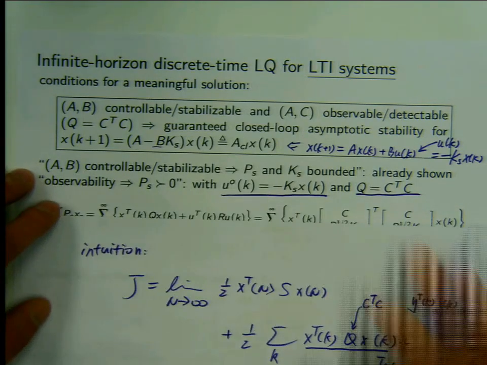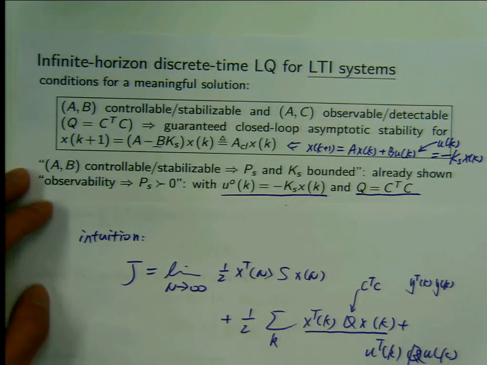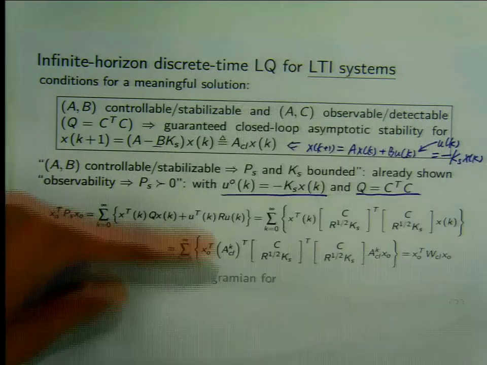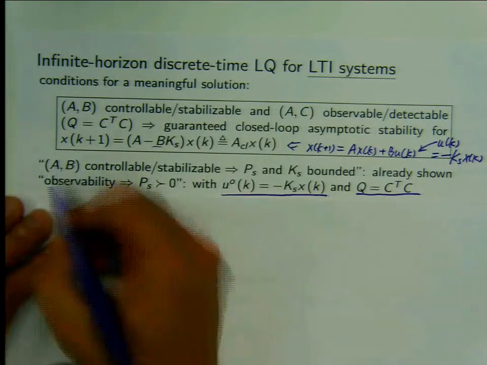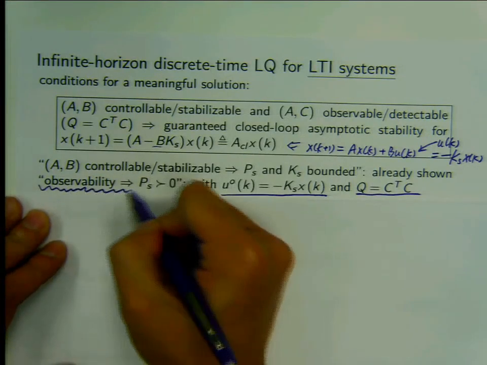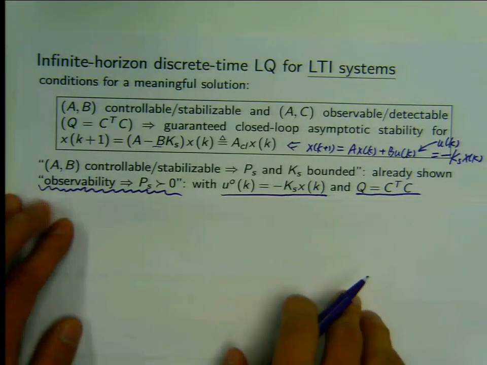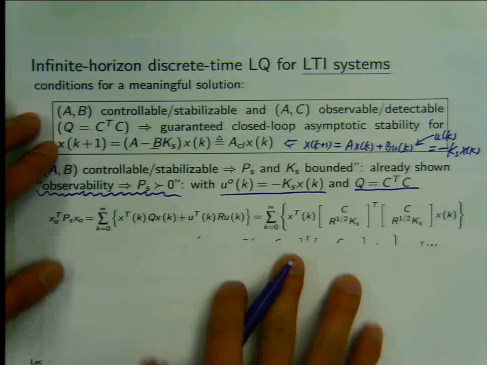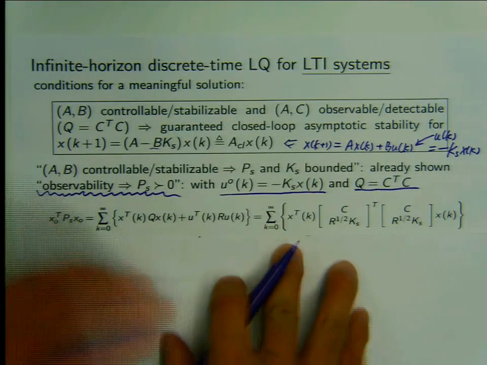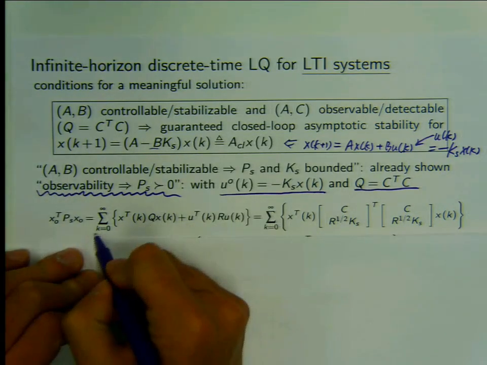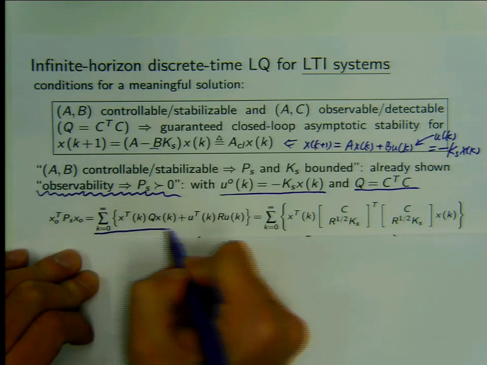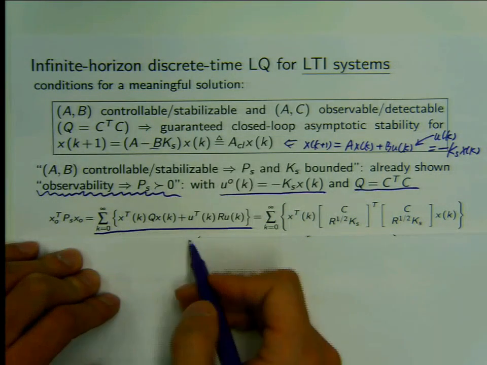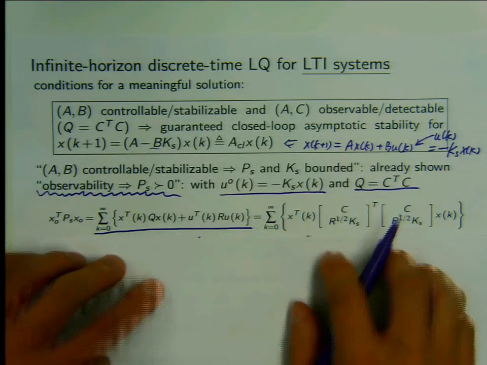Okay, the first step to show this observability implies P is positive definite, is to do one step in the cost function. Okay, is to restructure this performance index in a little bit different way.